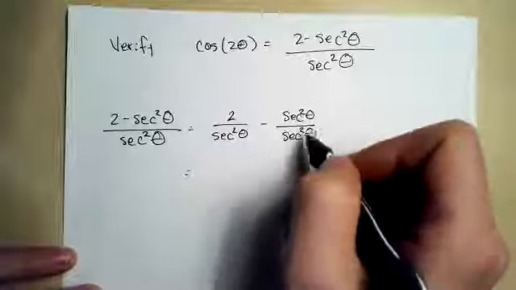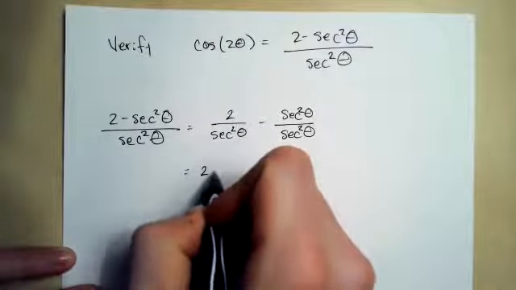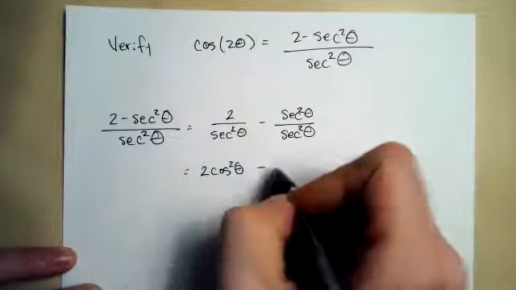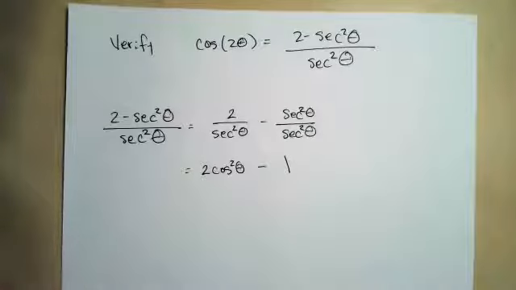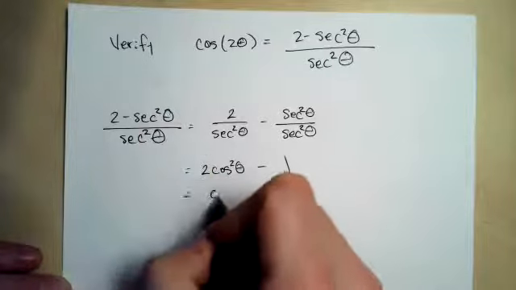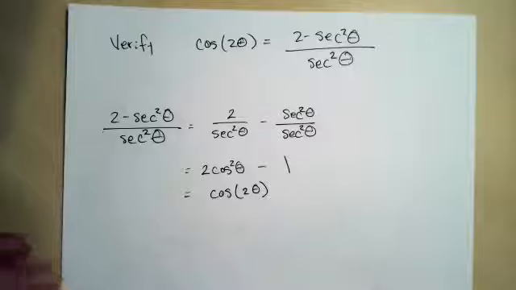So this right term is just 1. And then 2 divided by secant squared is 2 times cosine squared, since secant is 1 over cosine. Now we get 2 cosine squared minus 1. That is the identity for cosine of 2 theta. That is the double angle formula there.